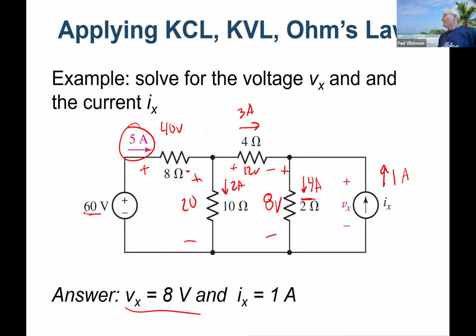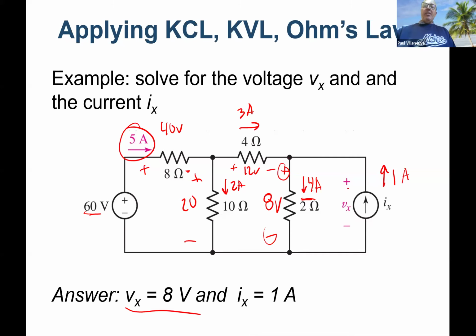How about the other power supply? VX or IX, I guess, is really the dependent one. Is that absorbing or delivering? Or can you tell? Why? Yeah, we can see this is plus to minus, right?